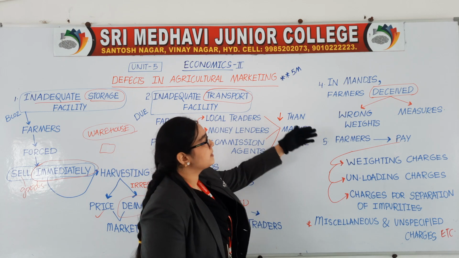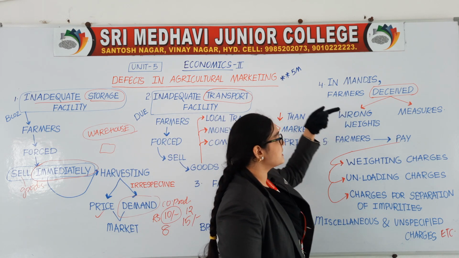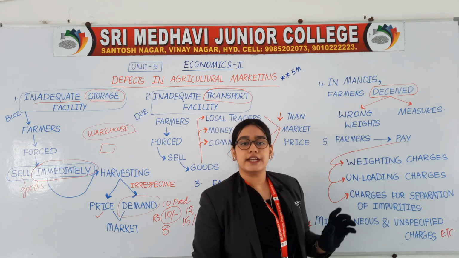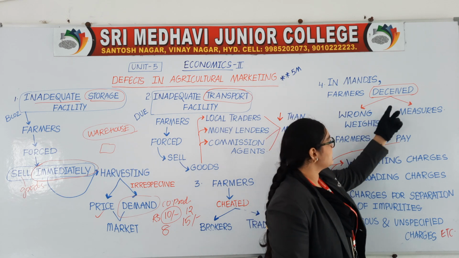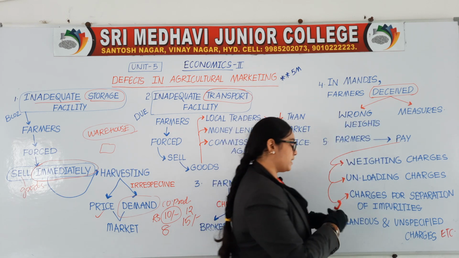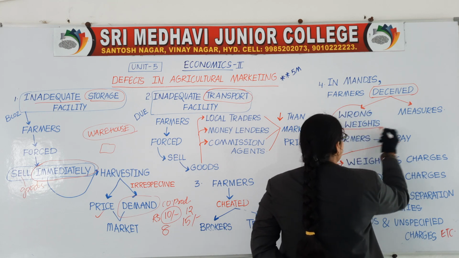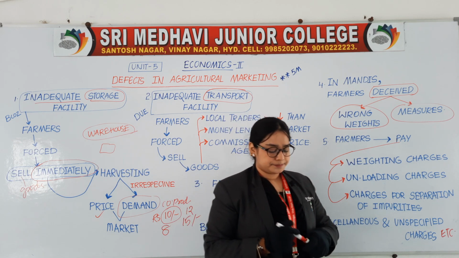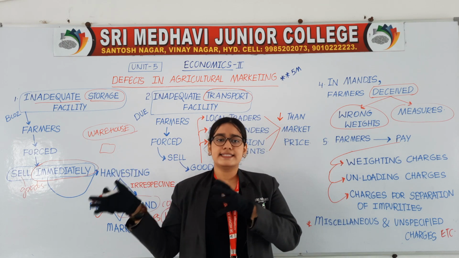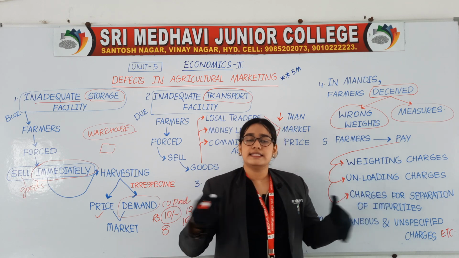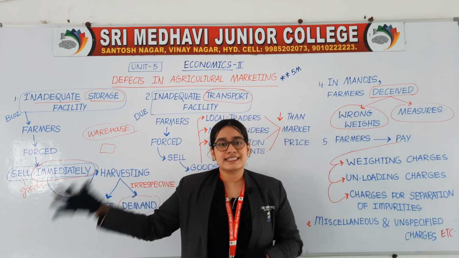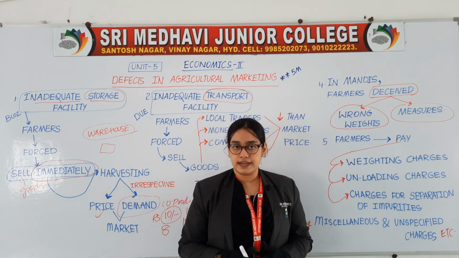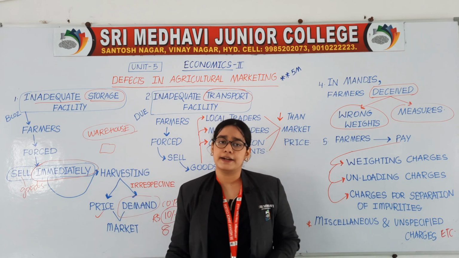Coming to the fourth point, in mandis, farmers are deceived. Deceived means the same as cheated. So the farmers are deceived by wrong weights and measures. Farmers will sell their products to the persons who are selling in the market. Farmers themselves will not come to the market because they are engaged in agricultural work, in their farmland.